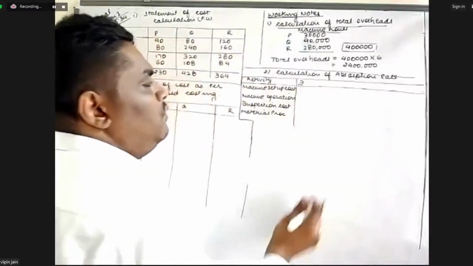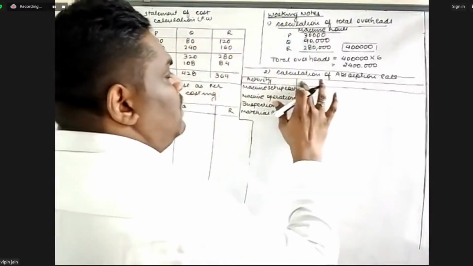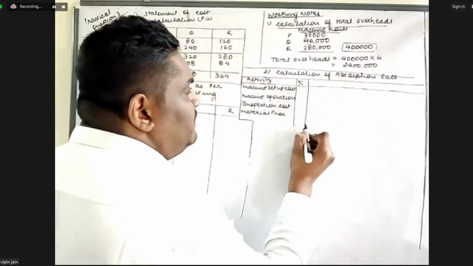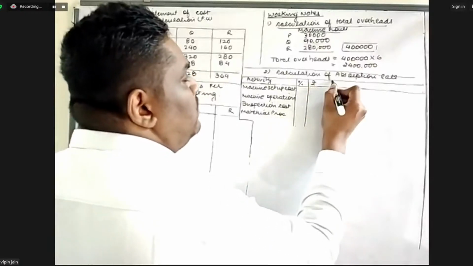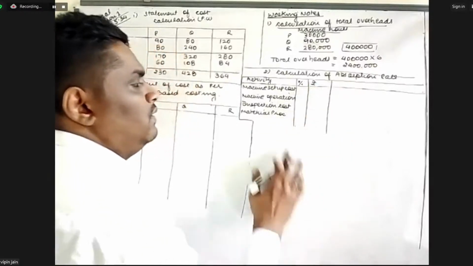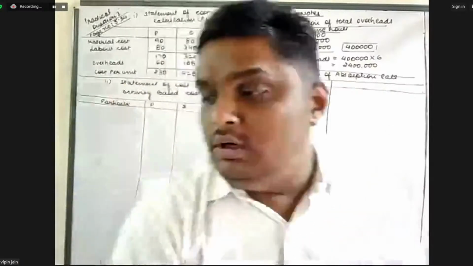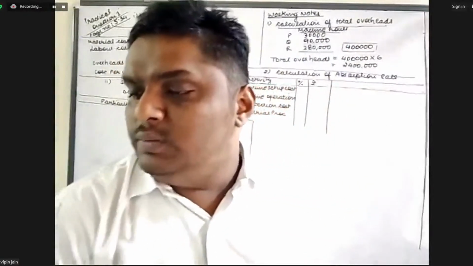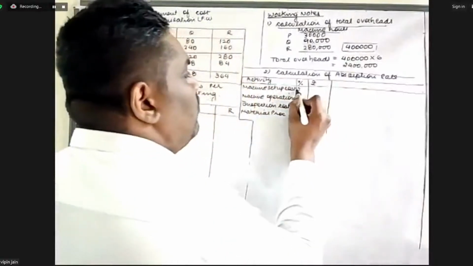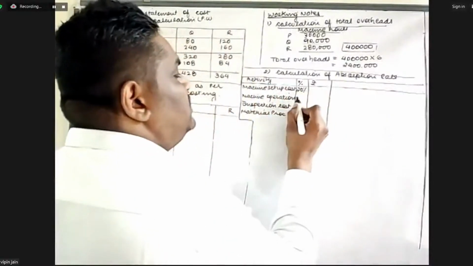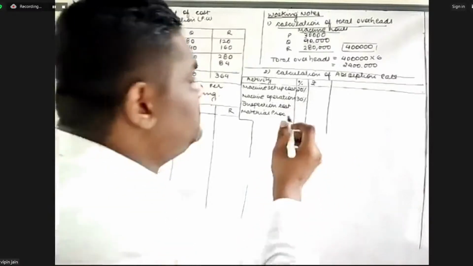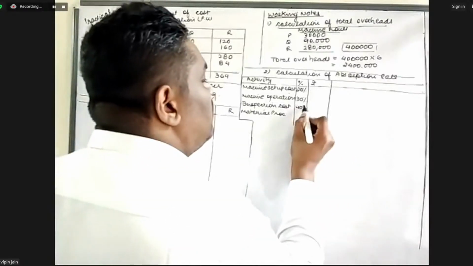When talking about the amount, it is given as a percentage of total overhead. So we can easily calculate the total amount. When talking about the total percentage, of the total overhead, 20% relates to machine setup cost. Machine operation is 30%. 40% is inspection cost.